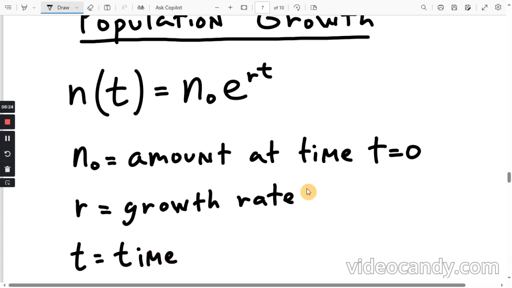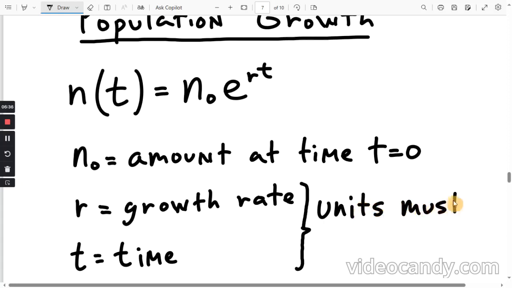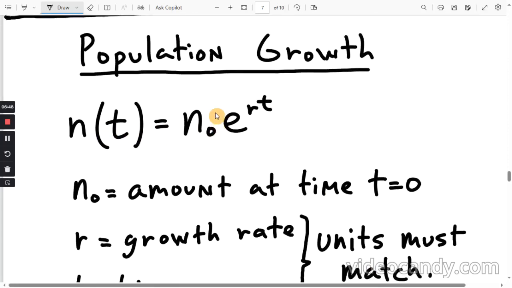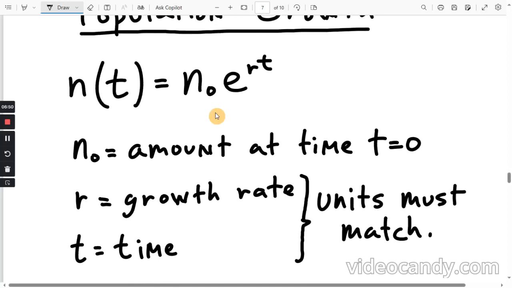And for the time and the growth rate, the units must match. So it's basically the same thing. A equals Pert, it's just using different letters. So that's for population growth.